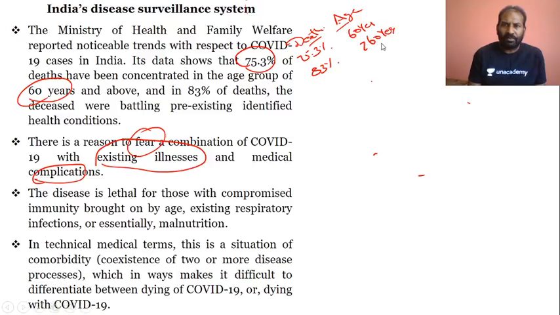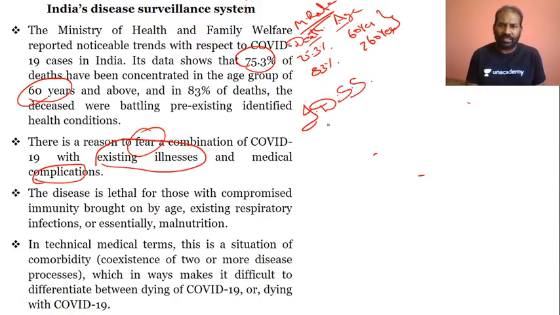Now we will look at the other one. There is definitely a fear when you look at the age group and the mortality rate. There is a concern, and this concern is really raising eyebrows in regard to India's disease surveillance system.